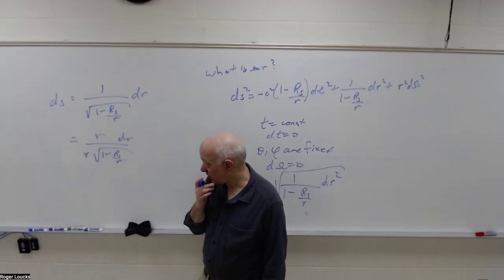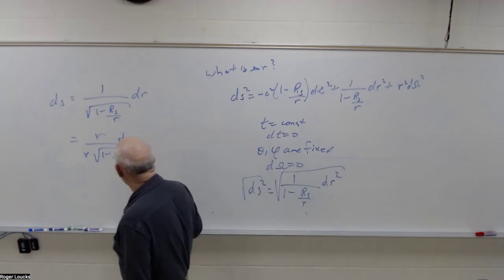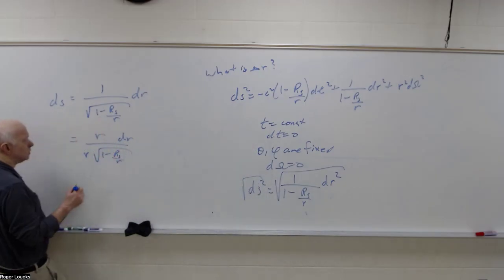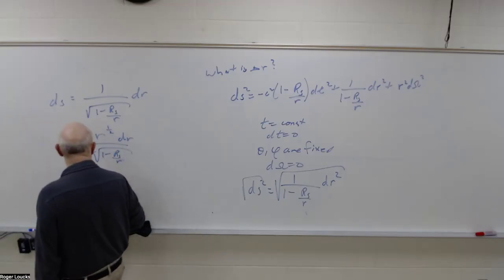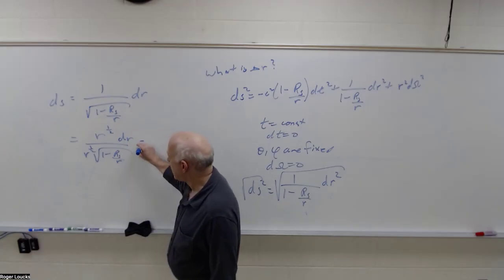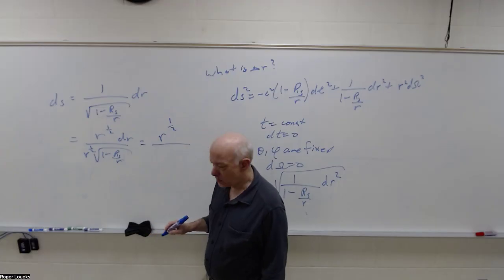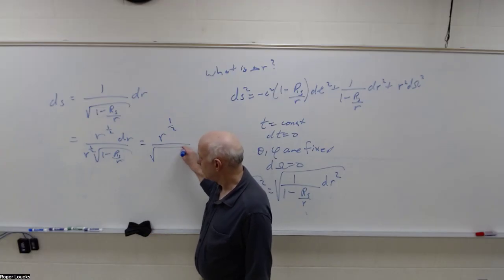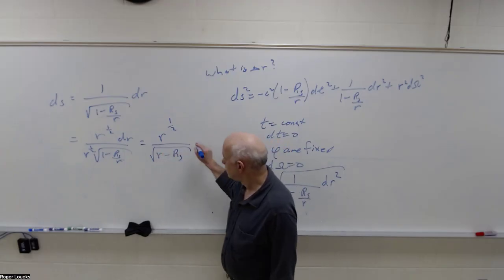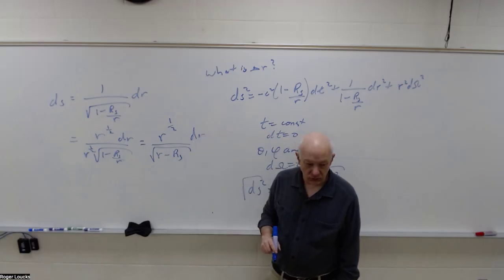Would that make a trig sub easier? Yeah, it's going to become kind of a trig sub thing. Actually, I might even do a half in here too. If I did that, I'd have R to the 1/2 power over the square root of R minus R sub S. And then that spells trig sub.